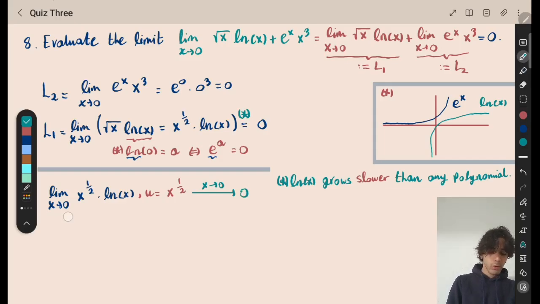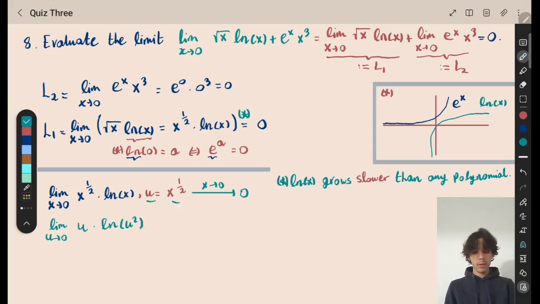So I'll replace x goes to 0 with u going to 0. I'll put u here instead of x to the half. And I'll put, instead of x, u squared. Because if u is equal to x to the half, I just square both sides. And then they cancel out, I get x to the 1. It's very nice.